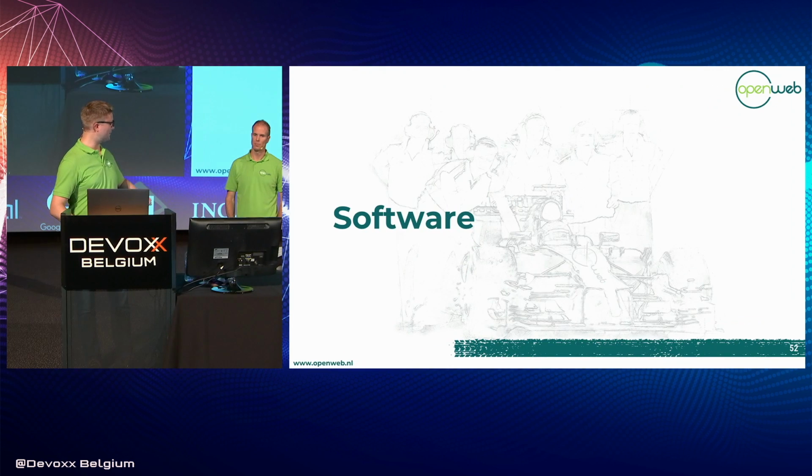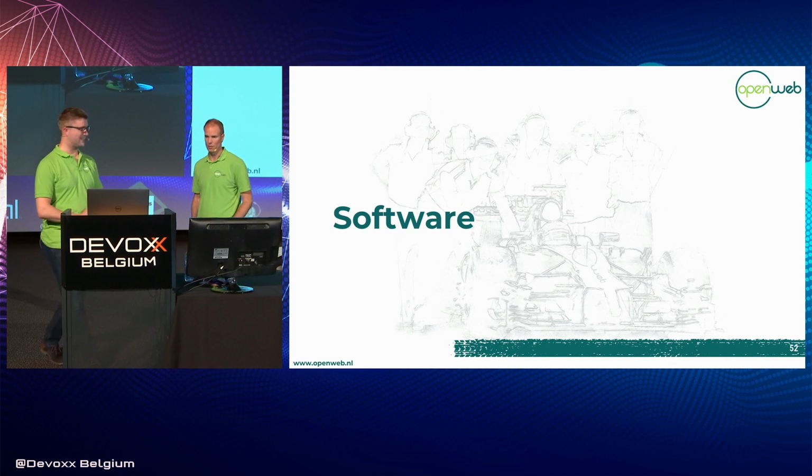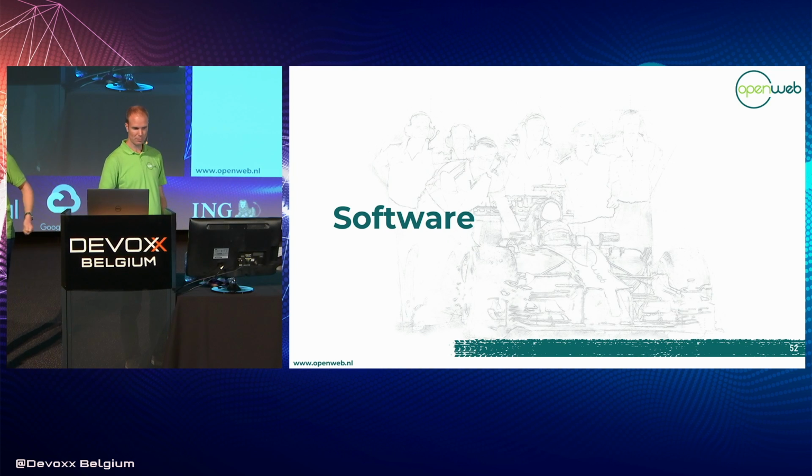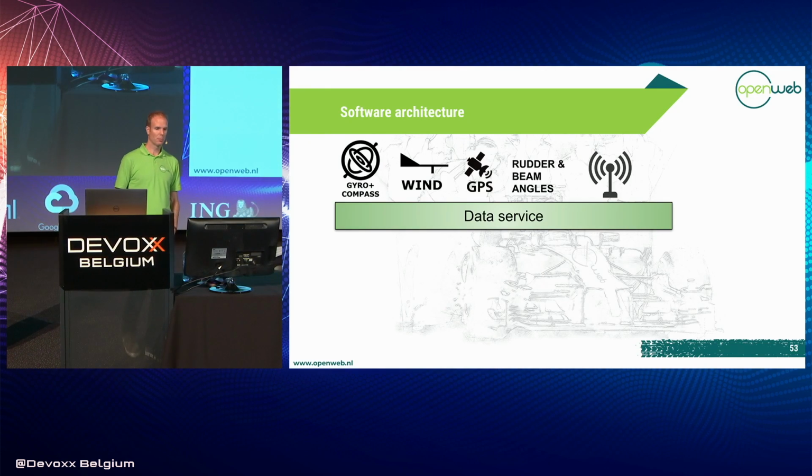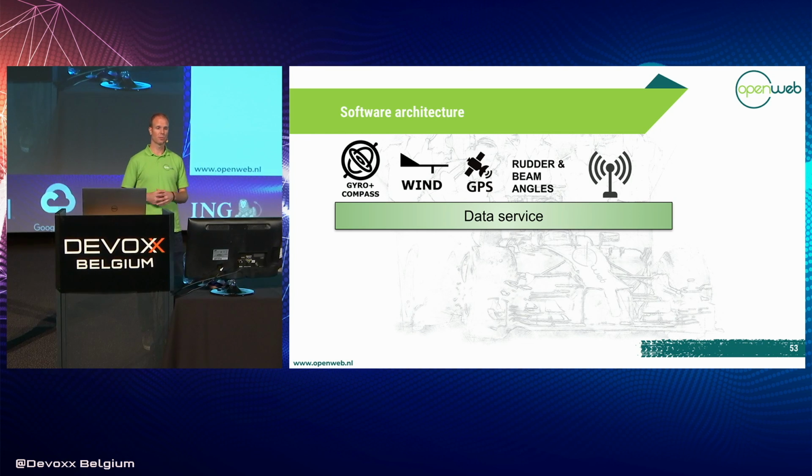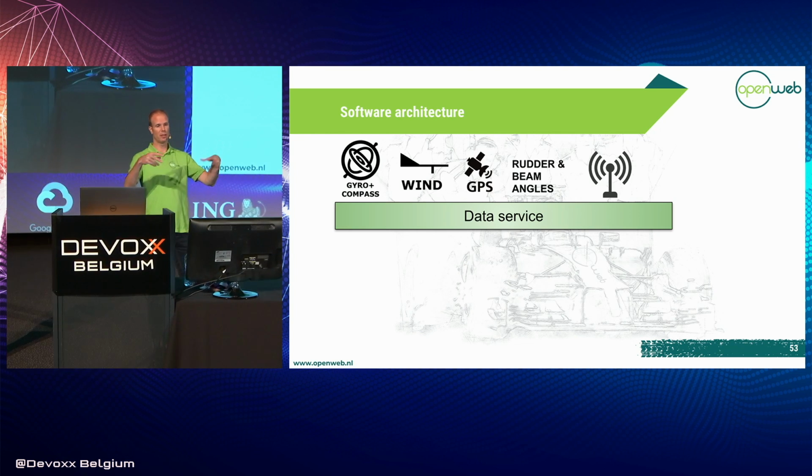So can you tell about the software? Yeah. We thought about an architecture for the software. I'm not going into the details of the software. But we have, as discussed, all these sensors which provide data.